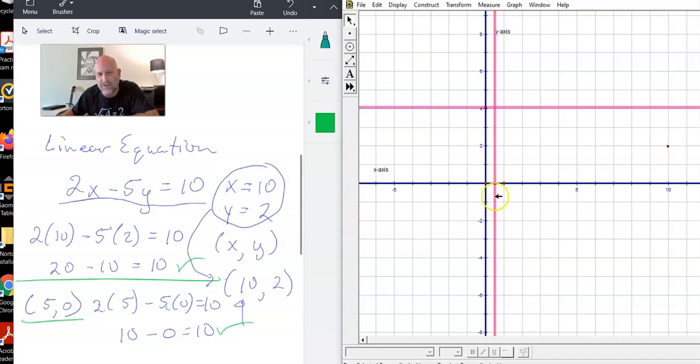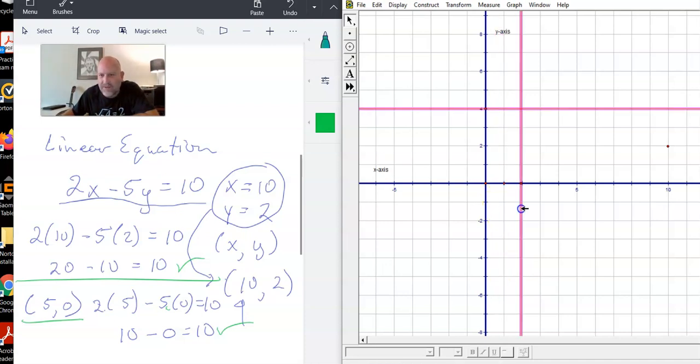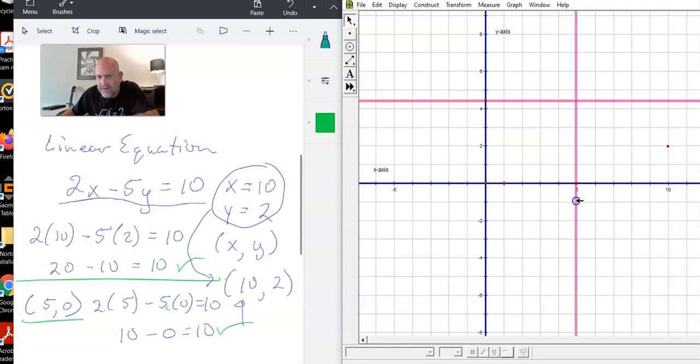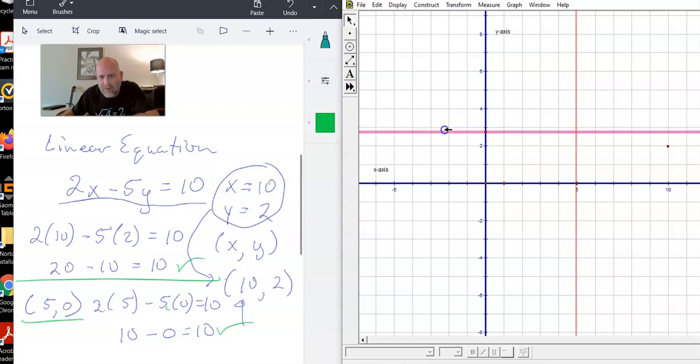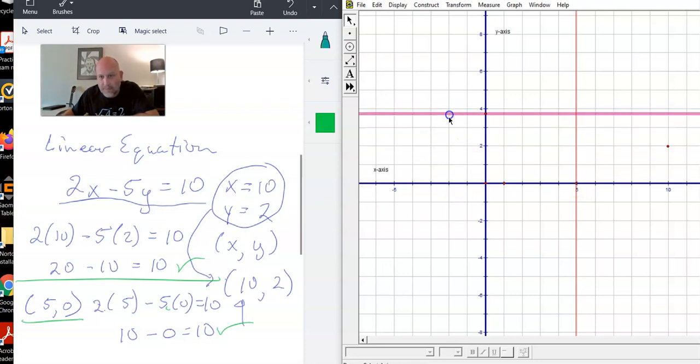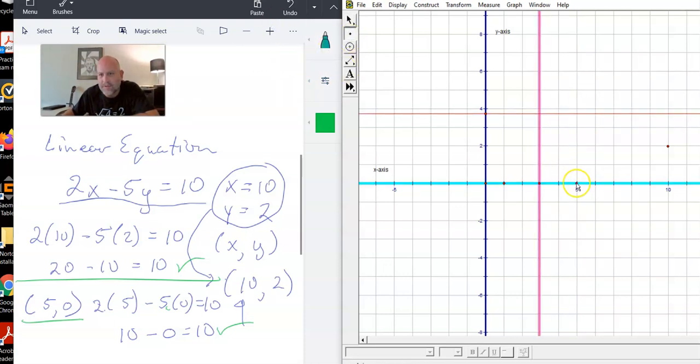There we go. I just wanted those guys back. Okay, so it says the x value is 5. So we'll put it right there. And the y value is 0. Well, the 0 on the y-axis is right here. So that actually makes it a point on the x-axis. So let me move these things out of the way so I can mark the point. And that puts it right there. So now we have a point on the x-axis.